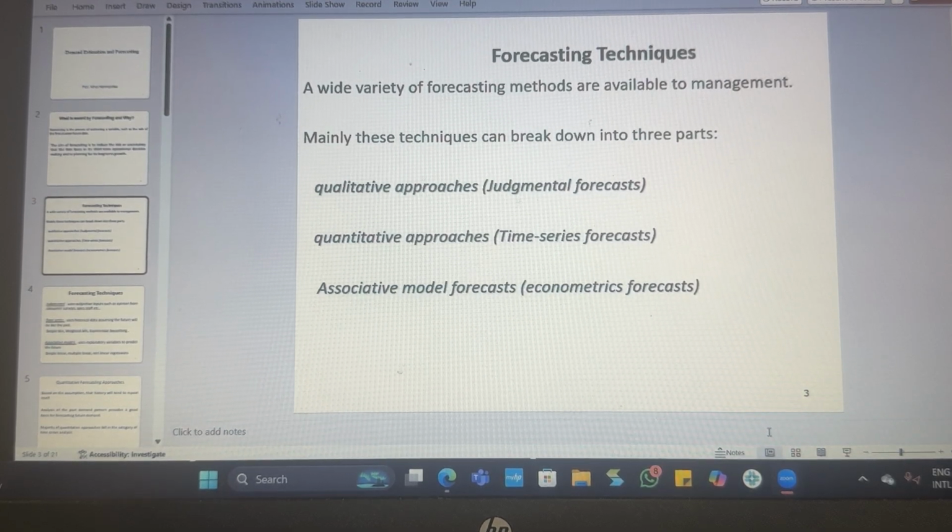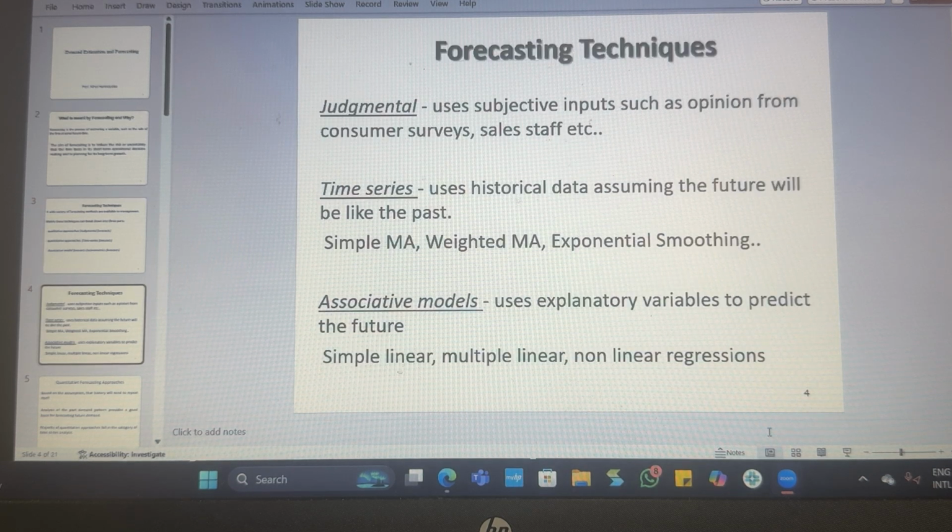Here we have three types of forecasting techniques: qualitative approaches, also called judgmental forecasting; quantitative approaches, time series forecasts; and also the associative model for forecasts, that is econometric forecasting. Judgmental forecasting uses subjective input such as opinions from consumer surveys, sales staff, etc.